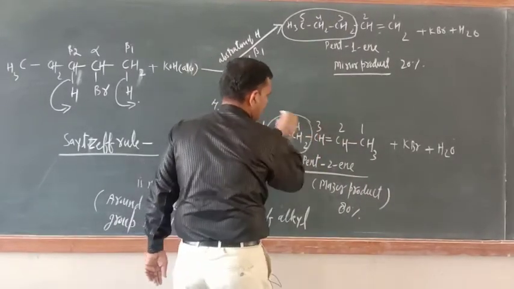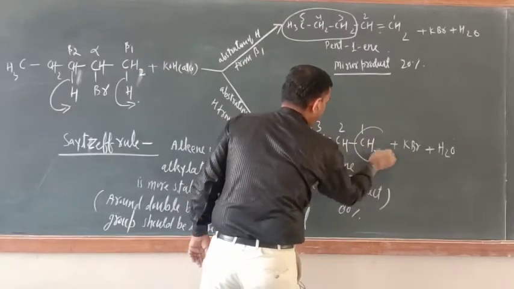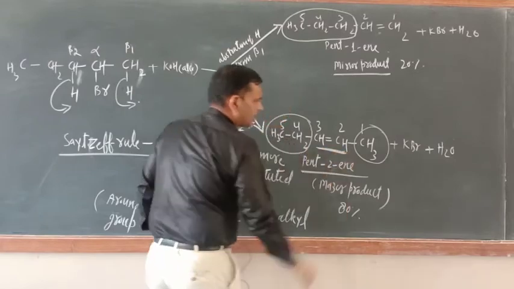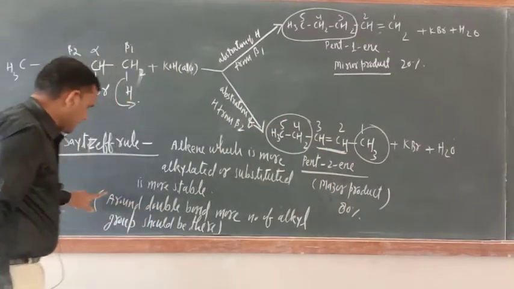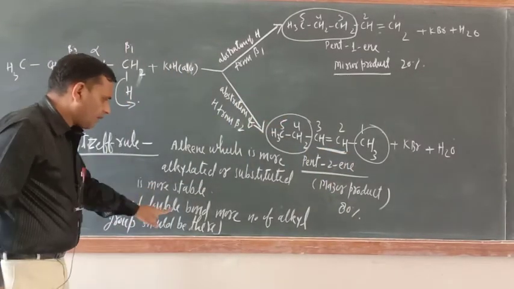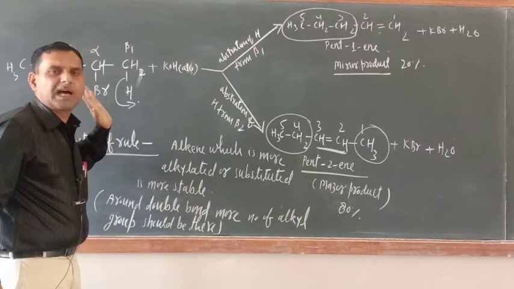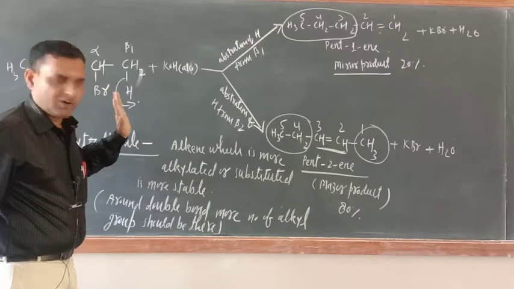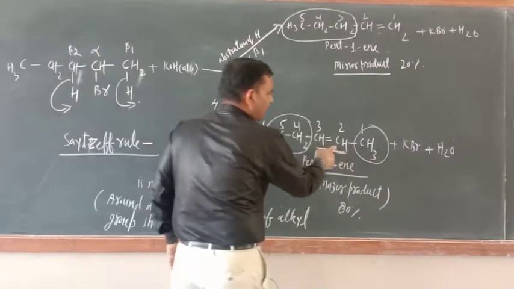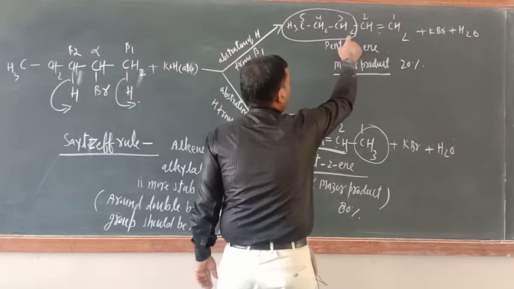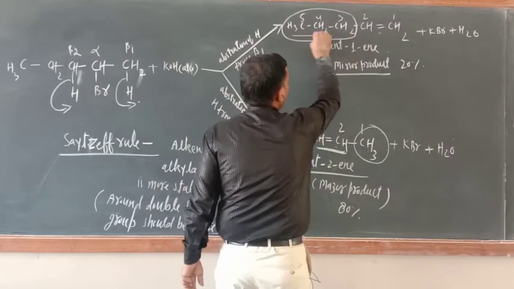Now here just see. One side this alkyl group, another around the double bond. Okay, which is the double bond? This is the double bond, na? Means with the double bond, more number of alkyl groups should be there. That alkene is more alkylated or substituted. Okay, so just see, around the double bond here 1, 2 alkyl groups are there. Here around the double bond only one alkyl group is there.